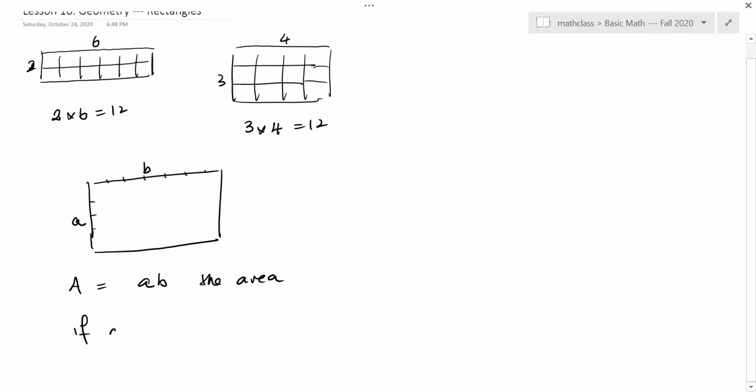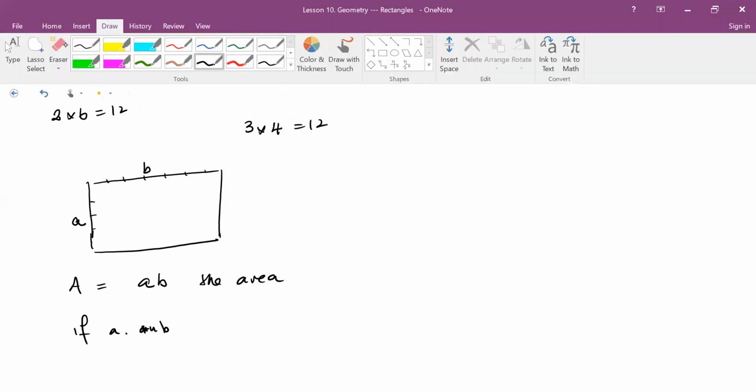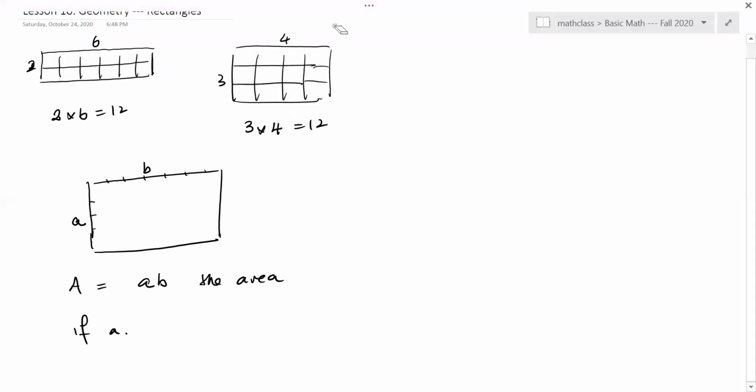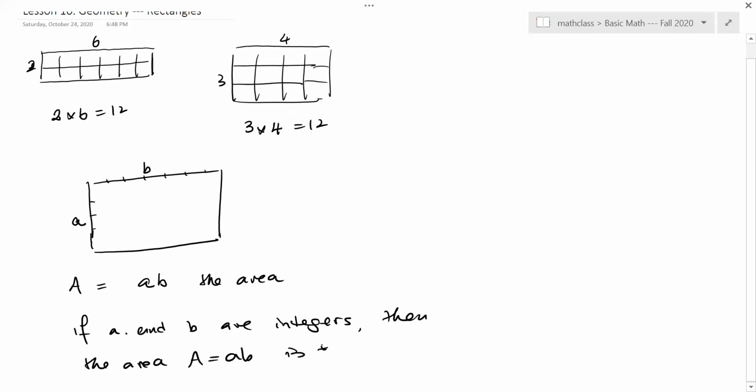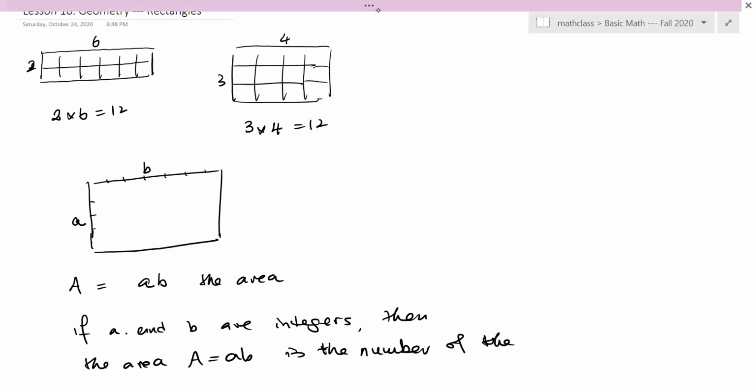If A and B are both integers, then the area, which is A times B, is the number of unit squares inside the rectangle if you divide this rectangle into many squares.